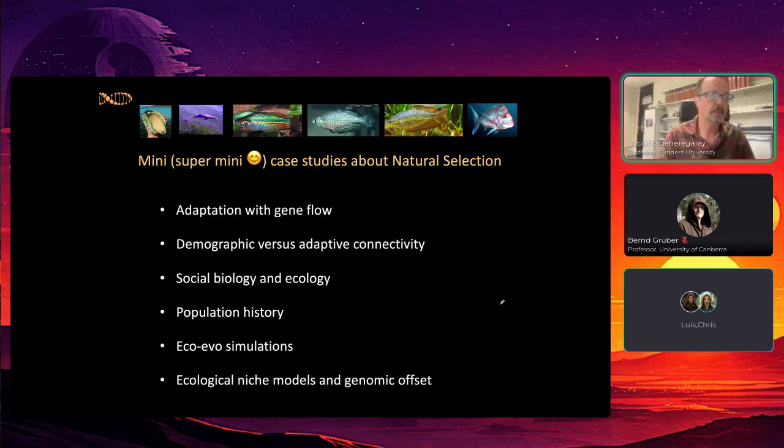So I had several mini cases, very small, quick runs of some of the work we've done about natural selection. I might have to skip a couple of those for the sake of time. But the idea of describing these studies is that several of them actually use ways to validate their inference of selection that were done using GEA tests.